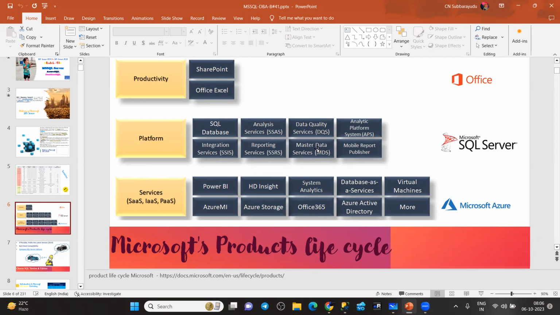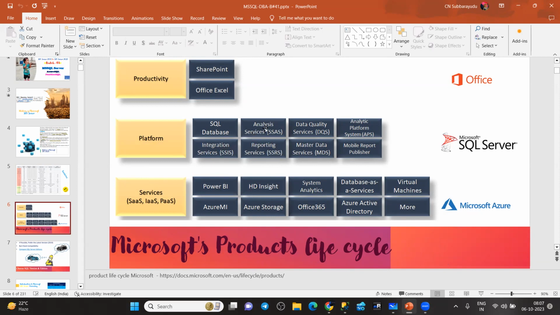Similarly, we must know a little bit about the analysis service. Where you are going to analyze, not you, basically there is a separate team called the MSBI team, Microsoft Business Intelligence team. MSBI is another technology which falls under SQL Server. Under MSBI, they will know about integration services, analysis services, and reporting services.